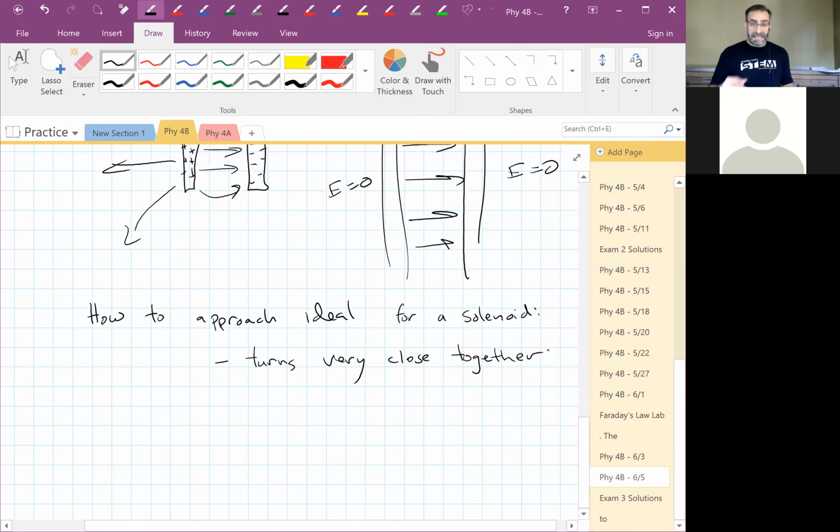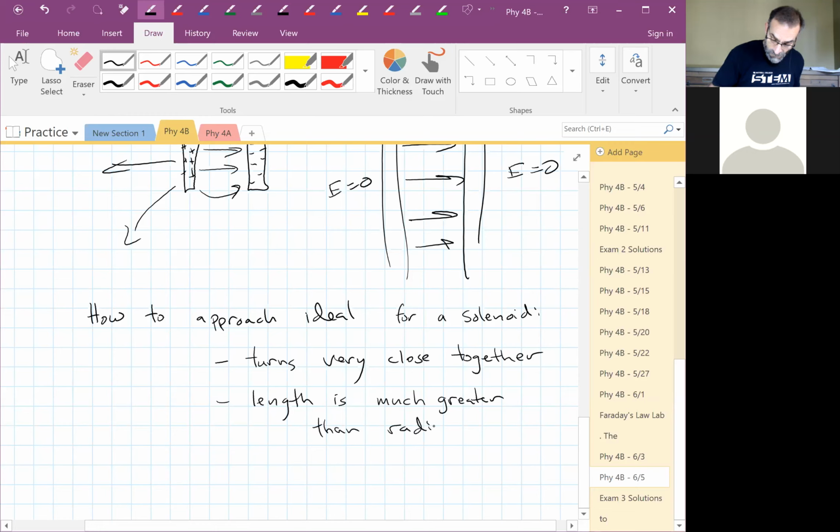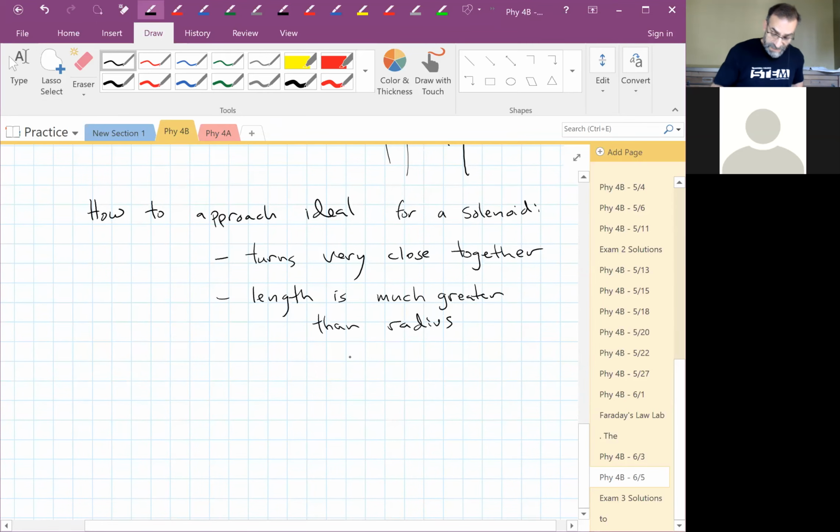And the other thing we need is that it needs to become sort of infinitely long, or the length needs to be much, much greater than the radius, which is another way of approaching an infinite length, right?